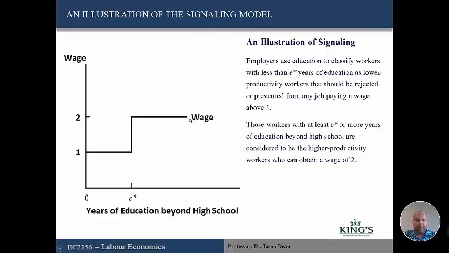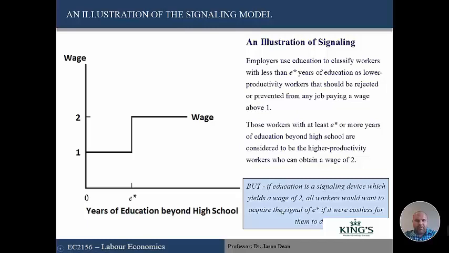Now, in order for this to work, low-ability workers should not want to get E star years of schooling, because if they do, then the firms will be hiring them thinking they're high ability and paying the higher wage.